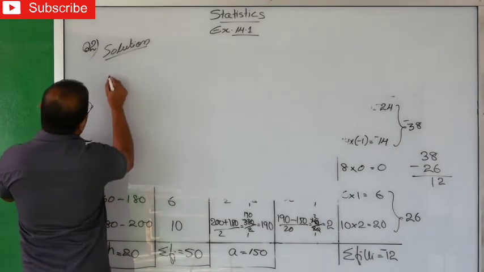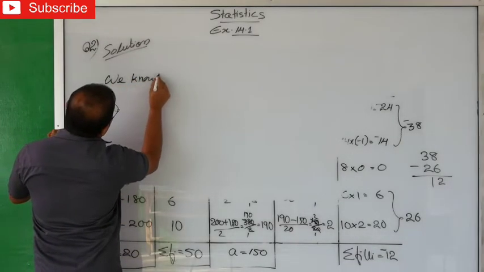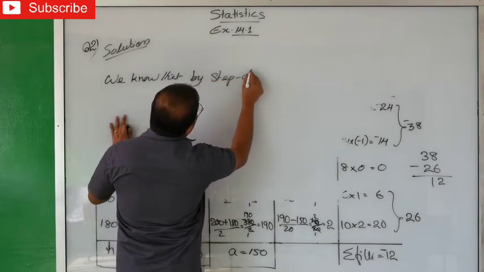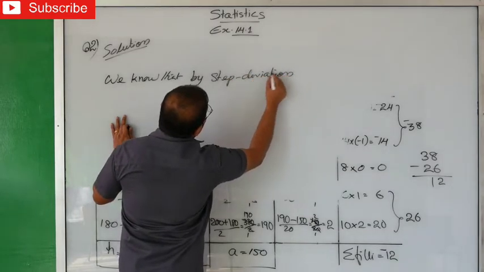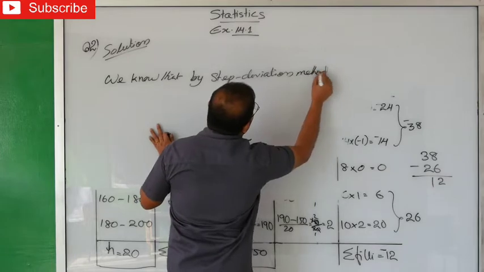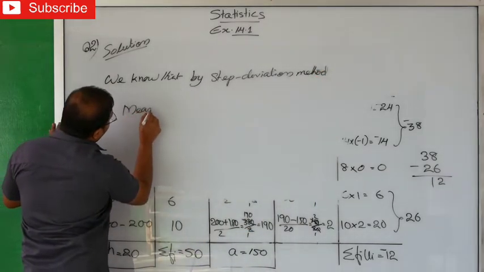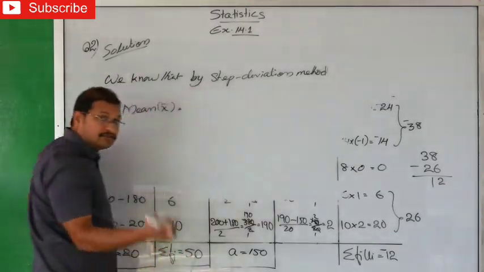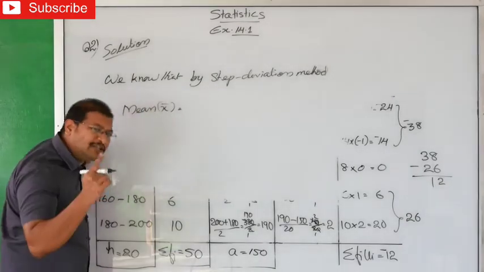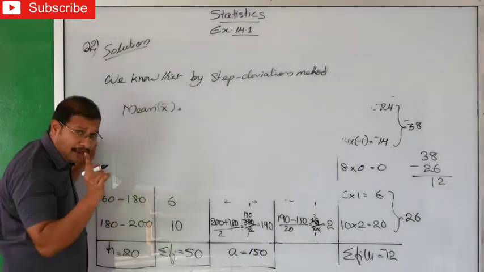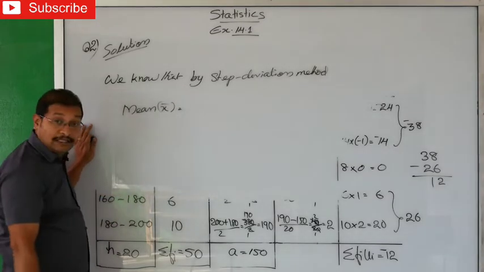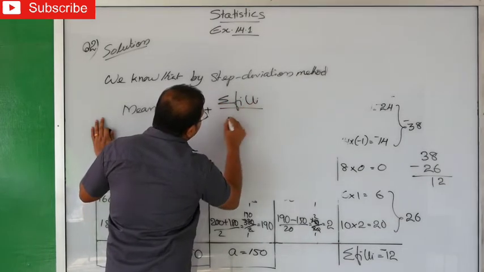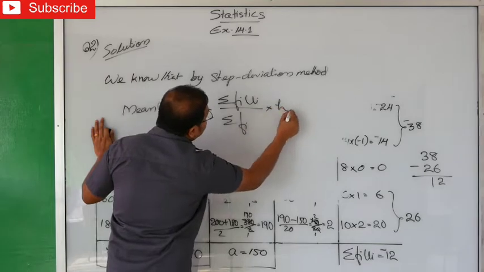Now, we'll write, we know that by step deviation method, mean x bar equals, see, we know that by step deviation method. Ready? We write, we know that, means you should study. Without studying, don't write, we know that, okay? So, we know that mean x bar equals, what is that? A plus (sigma fi ui by sigma fi) into h.